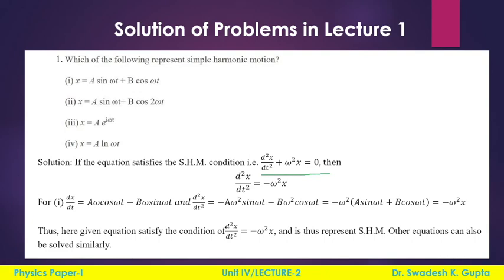So if we differentiate the equation as I have done here, then you will see that d2x by dt square is equal to minus omega square x. So it means that it satisfies the simple harmonic condition, and thus it is a simple harmonic motion. Similarly, you can solve these three equations.